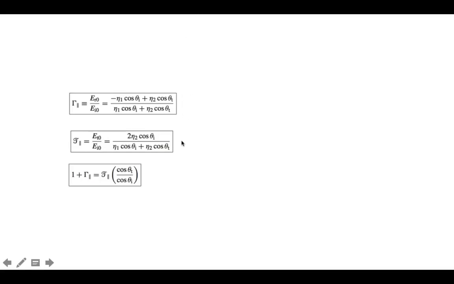So given these expressions for the parallel reflection coefficient and the parallel transmission coefficient, we can also, using boundary conditions, determine that 1 plus the reflection coefficient is the transmission coefficient times the cosine of theta transmitted over the cosine of theta incident. So please note this is different from the expression for perpendicular polarization.